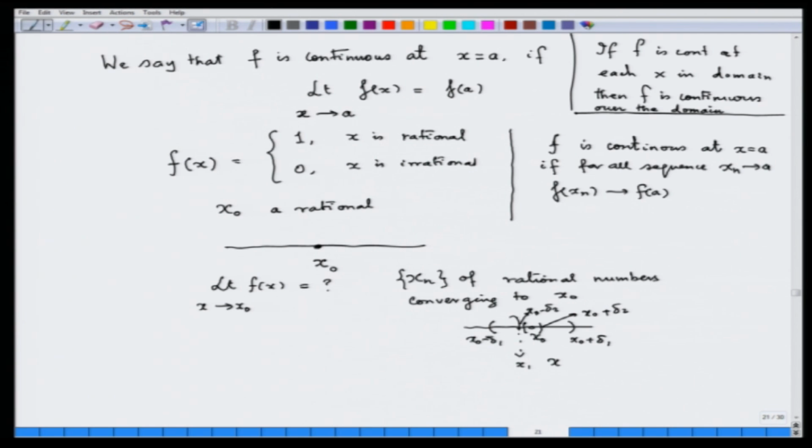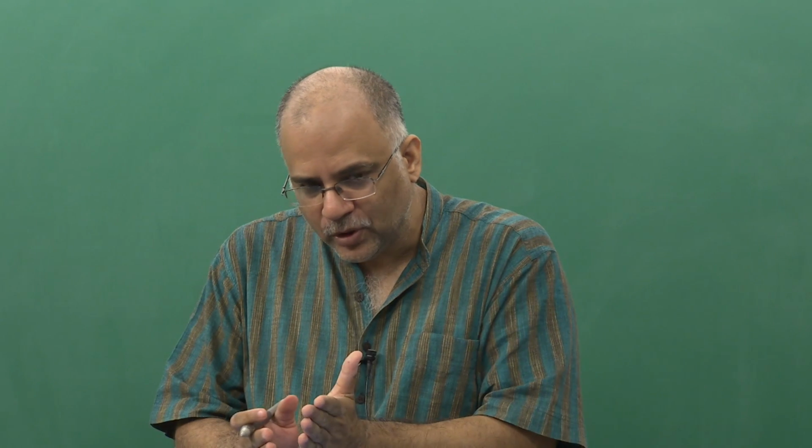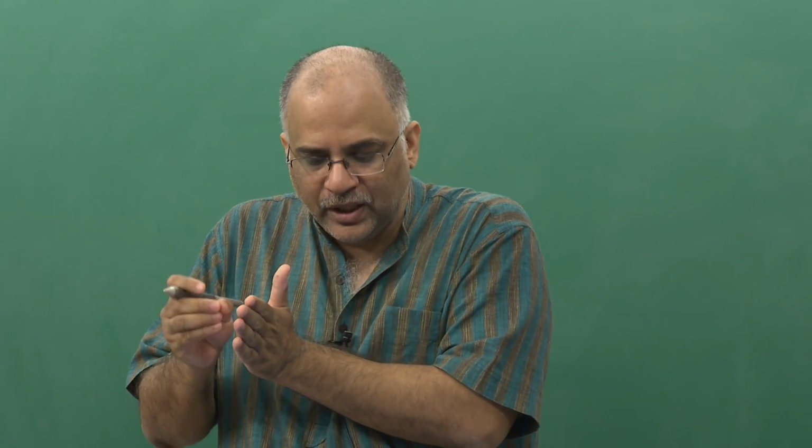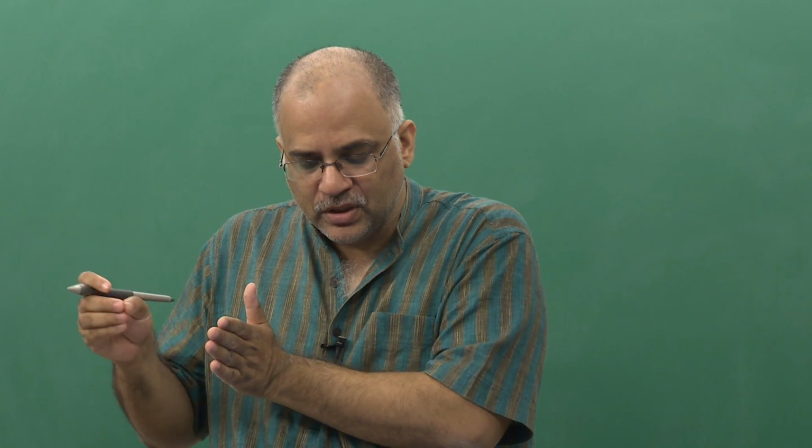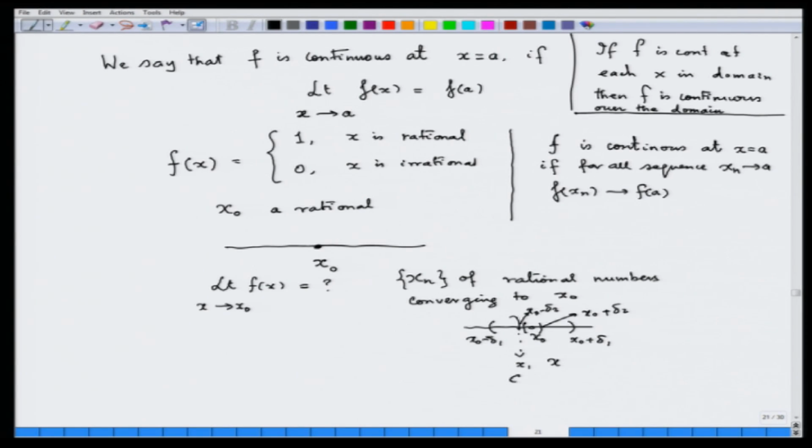So, basically you have considered a sequence, and in each neighborhood you can still find rational numbers coming towards x naught. This x1 is a rational number, x2 is also a rational number. So, x1 is an element of Q, that is also a rational number. Similarly, instead of rational numbers you could choose irrational numbers.